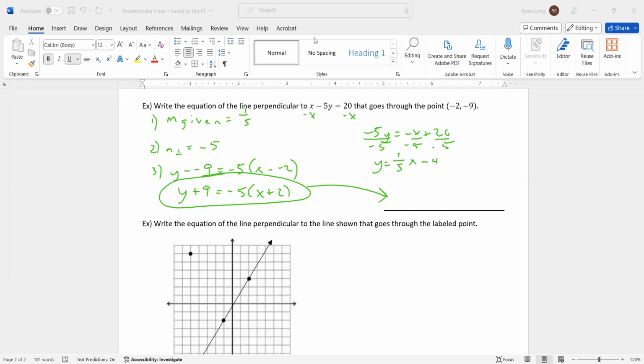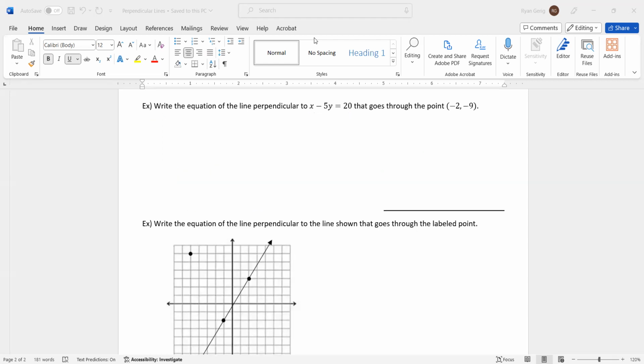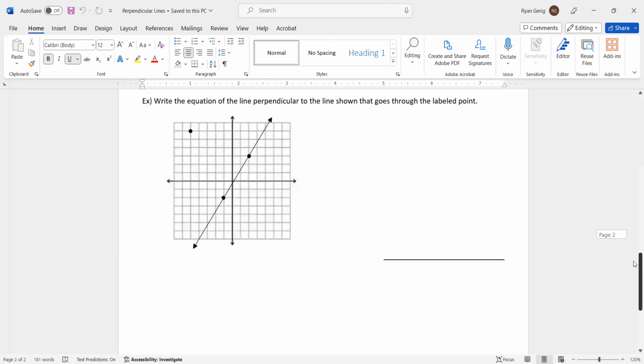All right. Last one. You saw this in the last notes. You're seeing it again. I want the equation of the line perpendicular to that given line that goes through that point. So basically I want that line right there. All right, so let's go ahead and do it. First one, the slope of the given line.